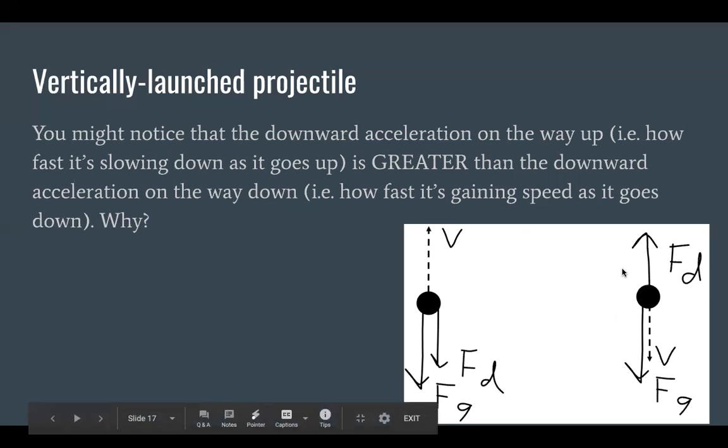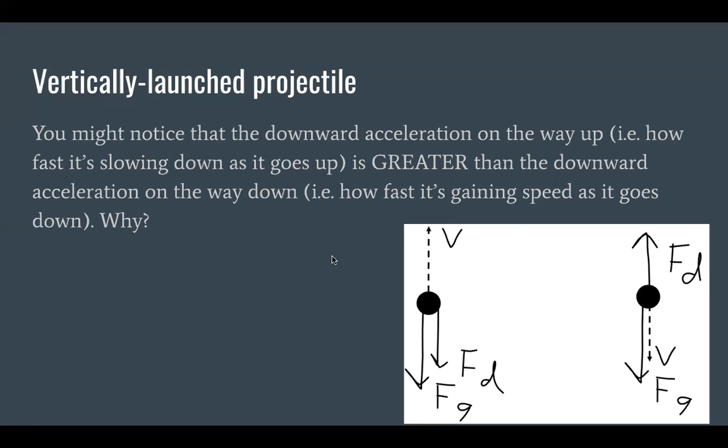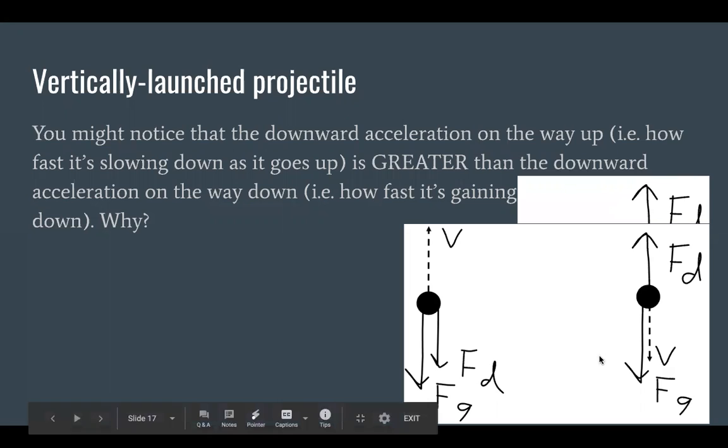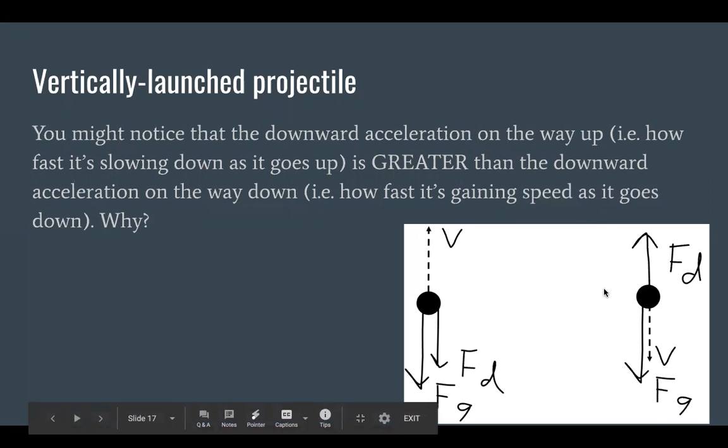The second thing to notice is a little bit more confusing, and it definitely took me a while to get it the first time too. As it's going up, the measured downward acceleration, so how much it's slowing down as it goes up, is actually greater than the downward acceleration as it starts falling back down. The reason is that as it's going up, velocity is upward, so the drag force is opposing velocity and pointing down.